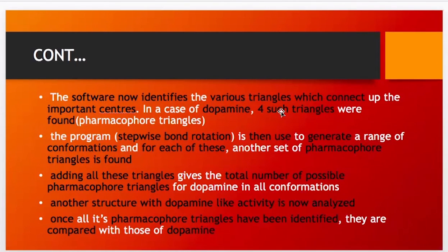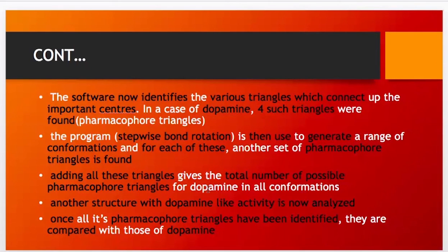Those four triangles represent the four possible binding centers. Once you do that, you apply stepwise bond rotation. A stepwise bond rotation will produce many different triangles, or many different conformations of the pharmacophore. After that, you add up all those triangles to give a total number of possible conformation triangles, the different conformations of dopamine.